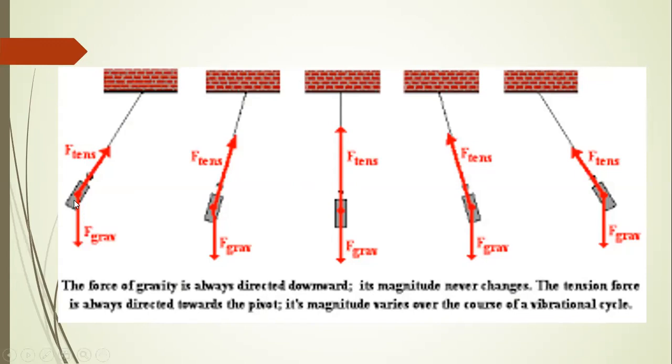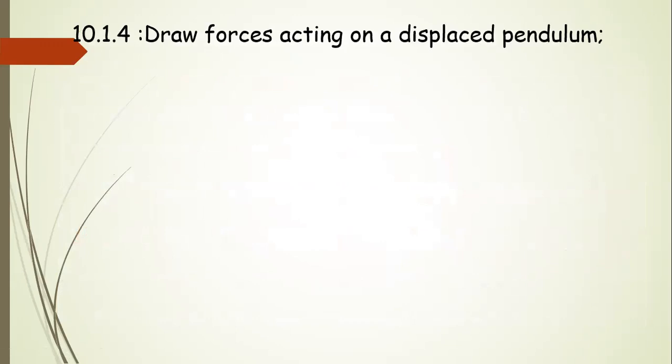Now you can see the force of gravity is acting downwards, and this never changes, and there is a force acting upward, that is the tension in the string, which changes during the course of the vibration cycle. Now, how are we going to draw these forces on a pendulum?